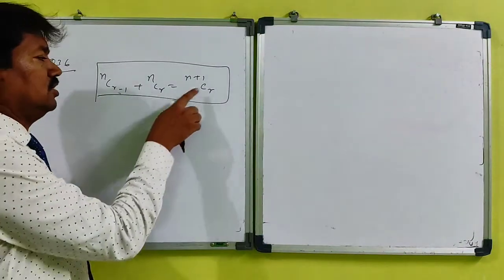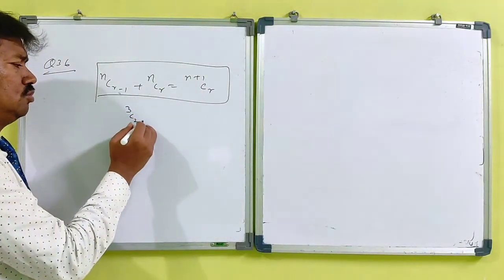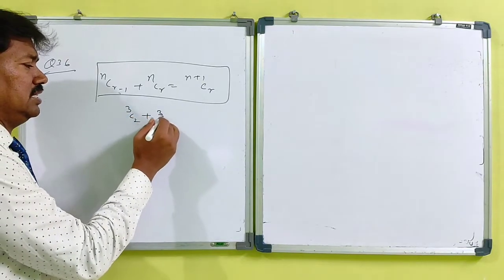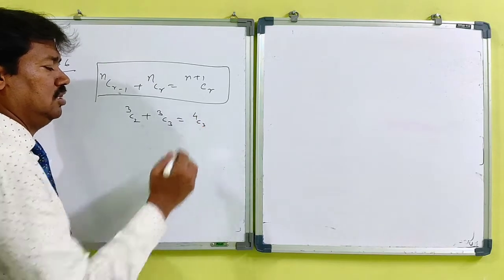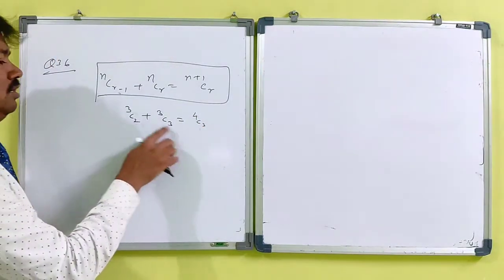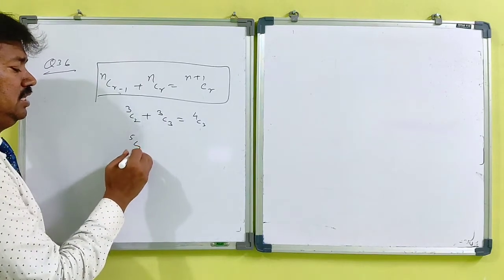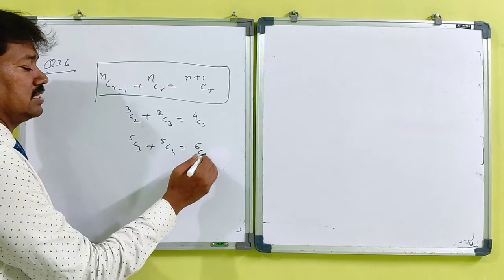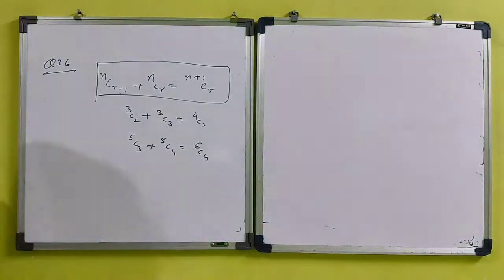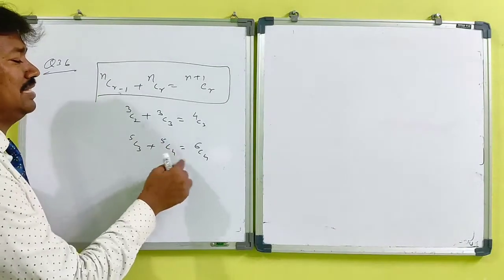For example, 3C2 plus 3C3 becomes 4C3. You have to add 1 in the n, giving n plus 1 Cr. 5C3 plus 5C4 is equal to 6C4. Like this, we add 1 to the n.